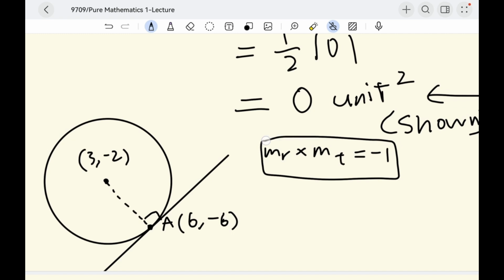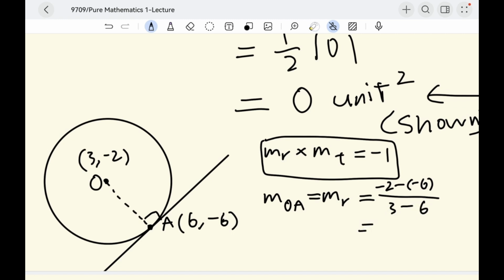Use this relationship. So first thing first, let's say here is your O. The gradient of OA, or you can say the gradient of the radius, using the gradient formula, is -2 minus -6 over 3 minus 6. So the gradient of the radius is obviously a negative gradient.